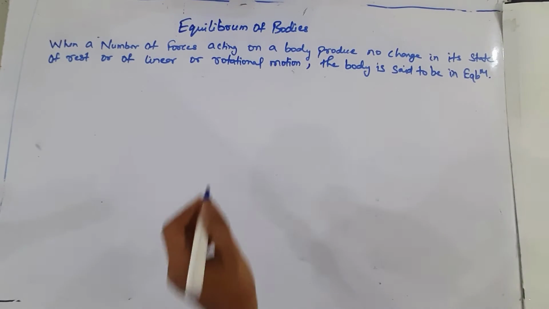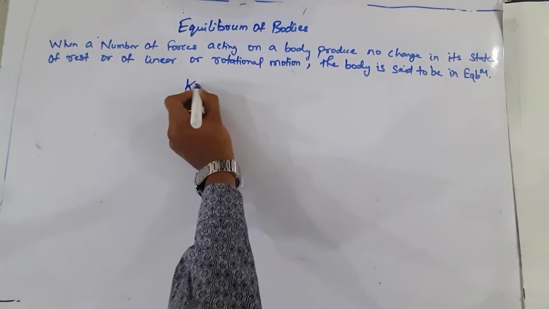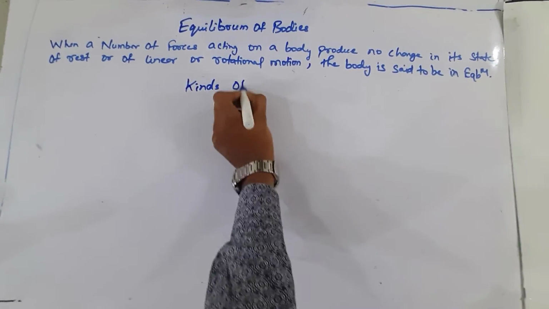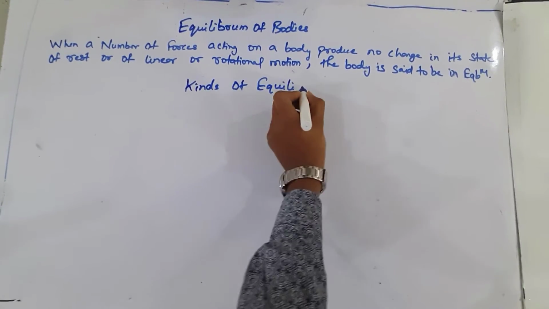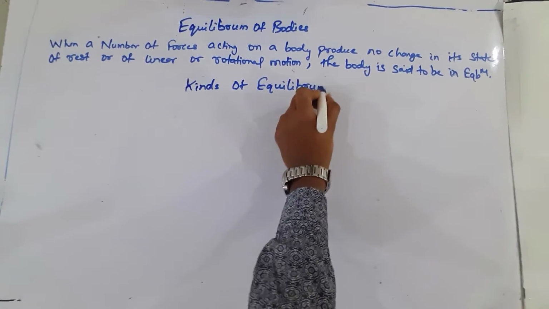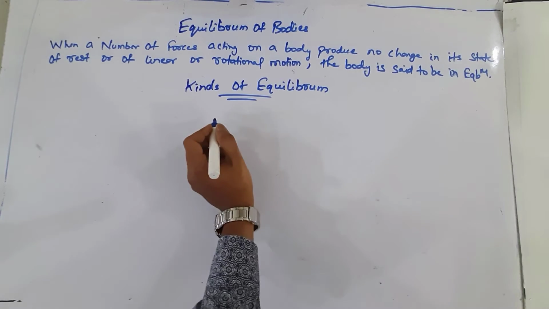Now we will learn about the kinds of equilibrium. There are basically two types of equilibrium.